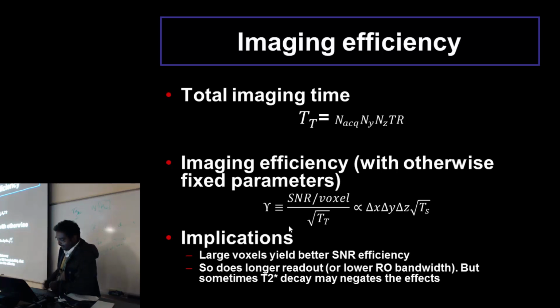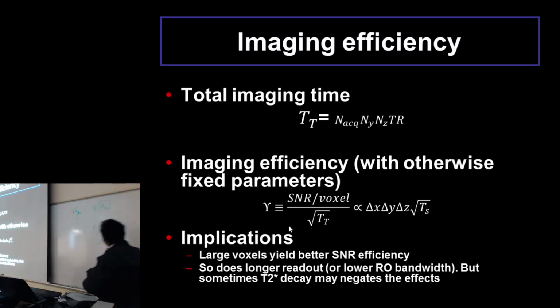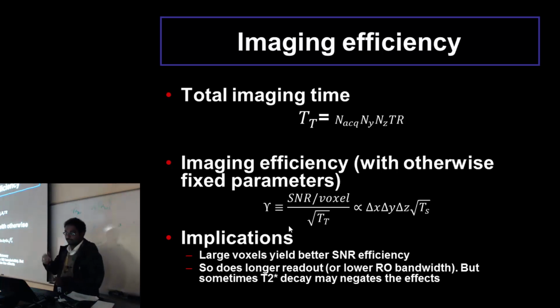So the implication here is that this is one example where half TR is not quite going to get your signal to half. But the other example that's given in the textbook is a lower resolution image.